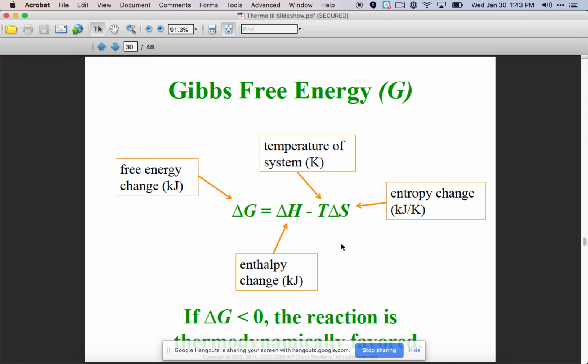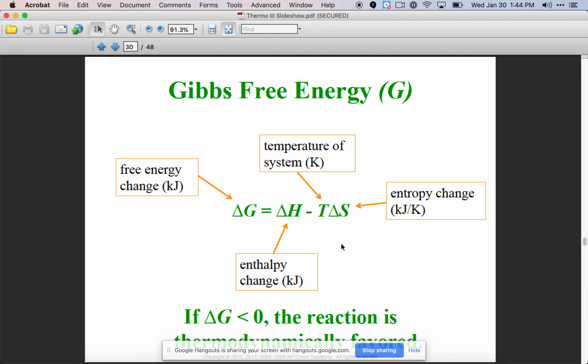Now, you're going to get really good at trying to figure out, does delta H have to be negative or positive? Does delta S have to be negative or positive? Temperature is always going to be positive, so we don't care about temperature. But they want to know if enthalpy is negative or positive, what does it do to Gibbs free energy? If delta S is positive or negative, what does that do to Gibbs free energy?